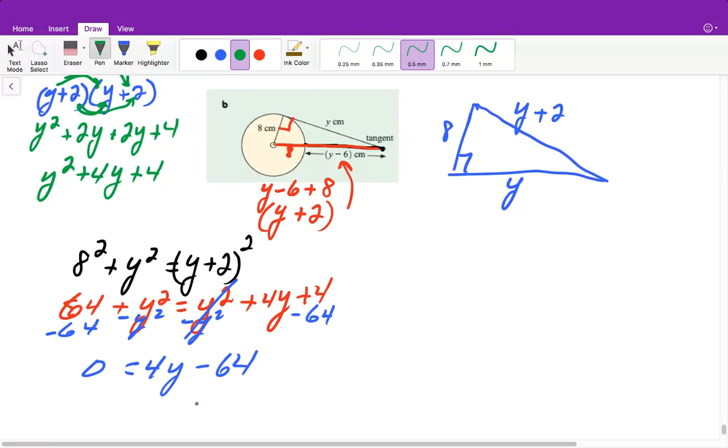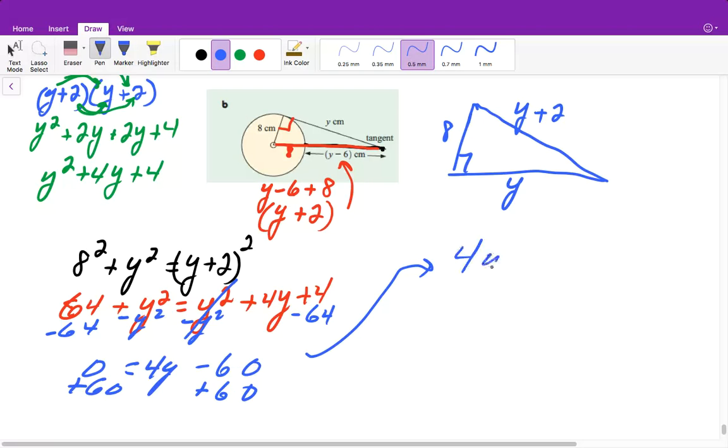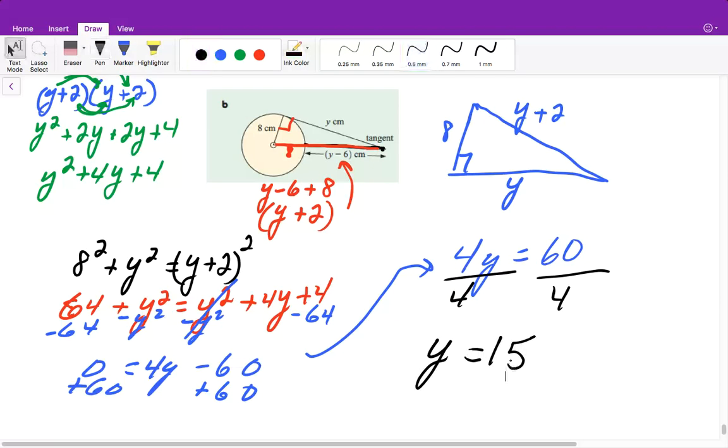I'm sorry, it's not 64. It will be 60, because 4 minus 64 is negative 60. So we'll add over the 60 to both sides. Then we get 4y is equal to 60. So we divide each side by 4. So that means y is then equal to 15.